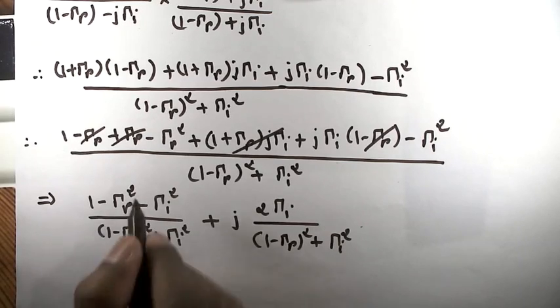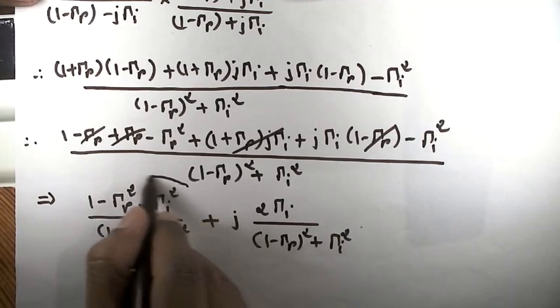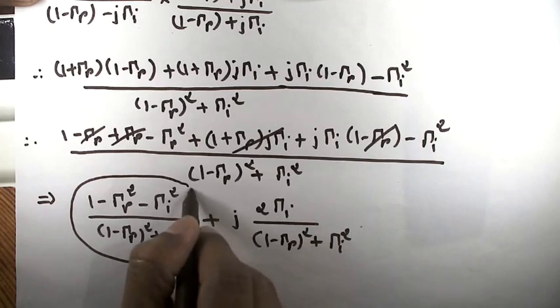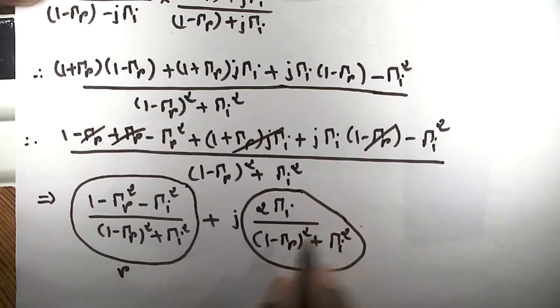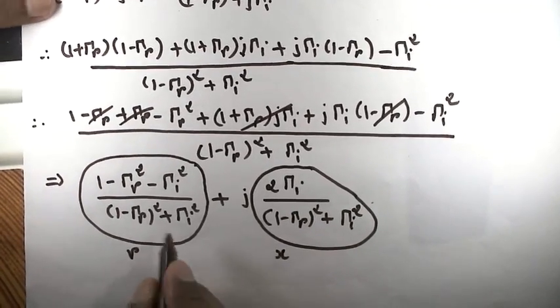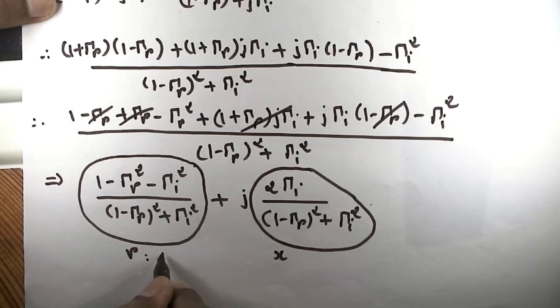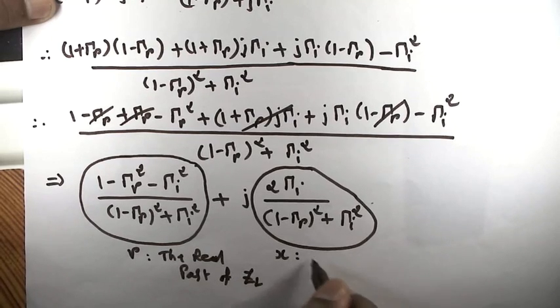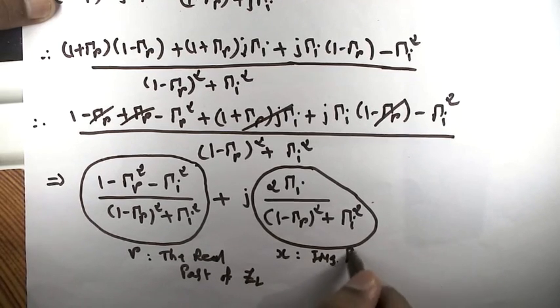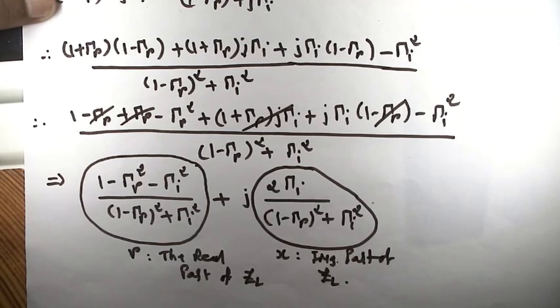You can see that now we have a real part, which is equal to r, and an imaginary part, which is equal to x. So now I have the real part of the normalized impedance, and the same way I have the imaginary part of the normalized load impedance.